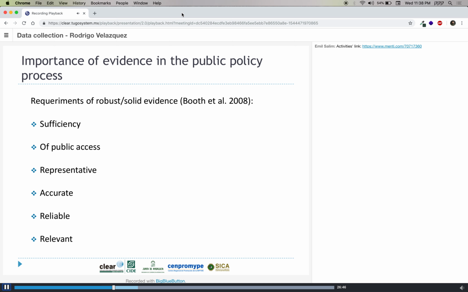Evidence that is reliable is the one that was understood how it was collected or carried out. This has to do with a methodology that is well described, and the organizations that systematized or analyzed such evidence are organizations that work.